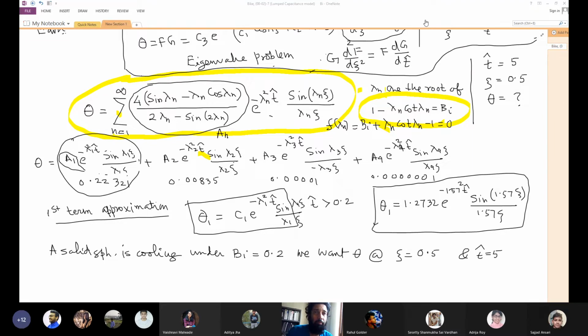Rahul Nath, what is the value you are getting? Vaishnavi Malwani, what is the value you are getting? Okay. 3 more.